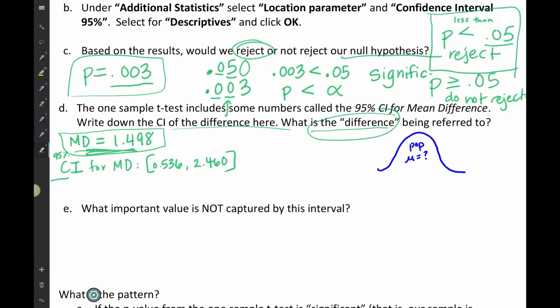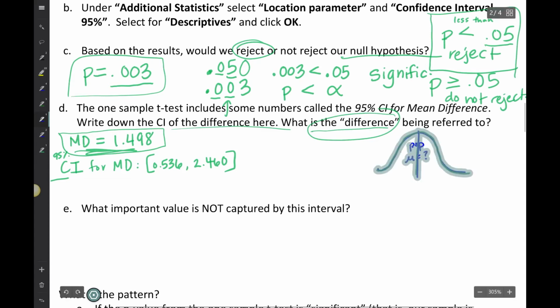If the null hypothesis is true, then really those two things should be right on top of each other, right? We're saying they have the same mean. The population and the sample have the same mean. Okay, so we're talking about the difference between those two groups.